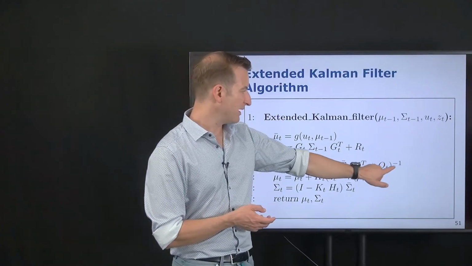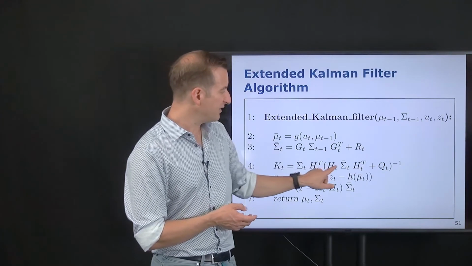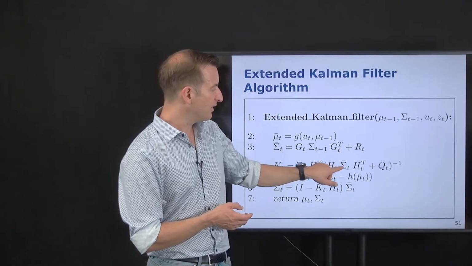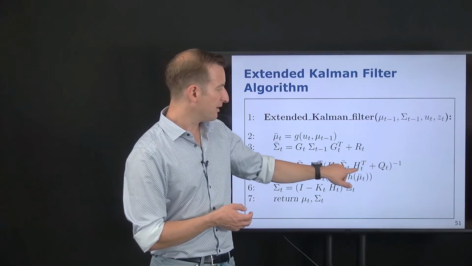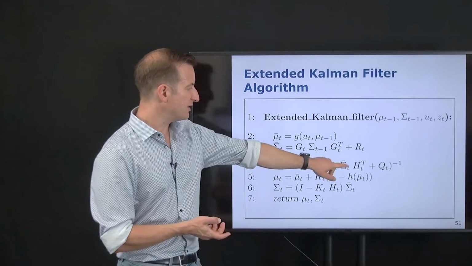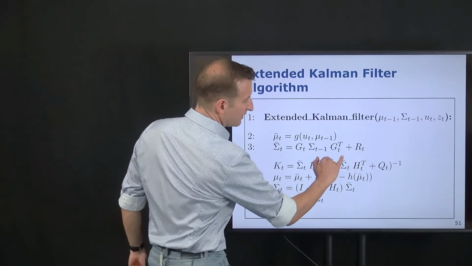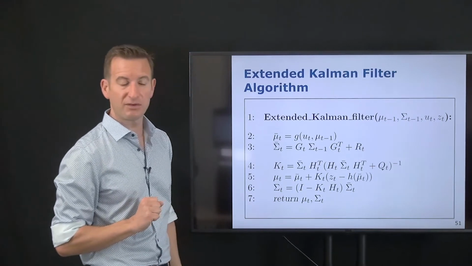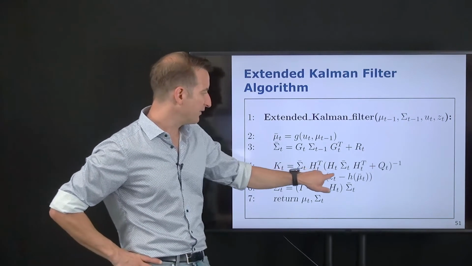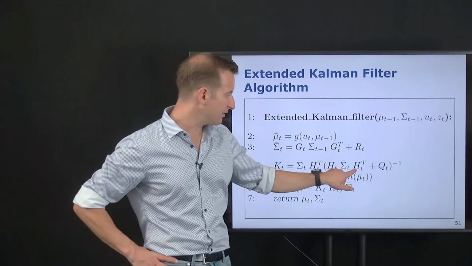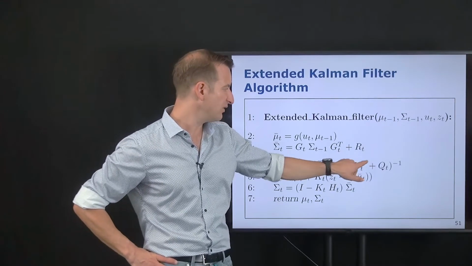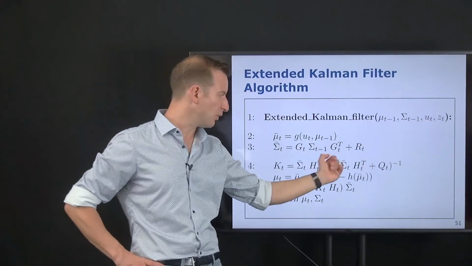What remains when we compute the Kalman gain is just the inverse of H times sigma bar times H transposed. If I'm computing the inverse, I need to swap the order of the variables over here. So what happens if I'm inverting this term? I will receive these individual matrices inverted but swapped.